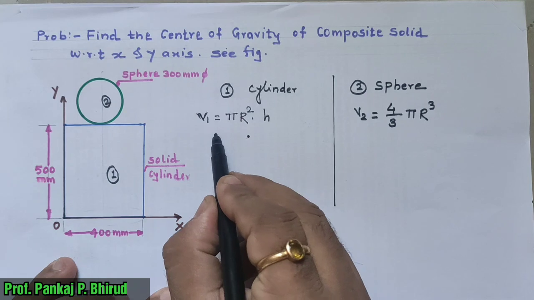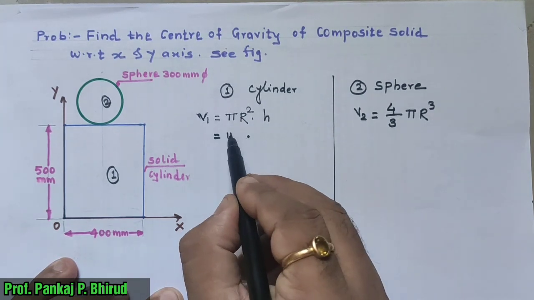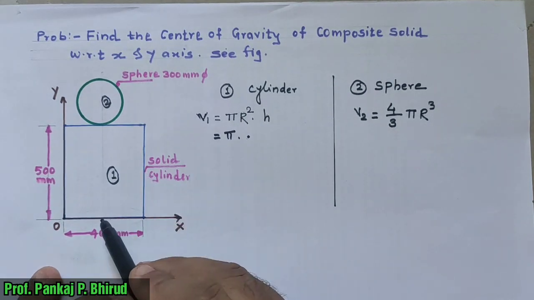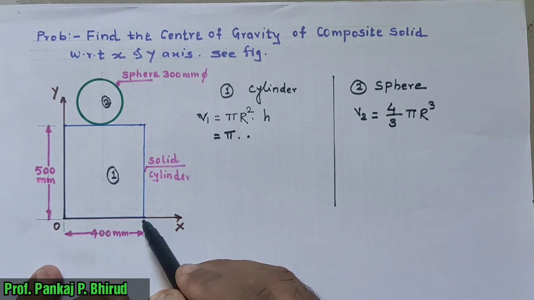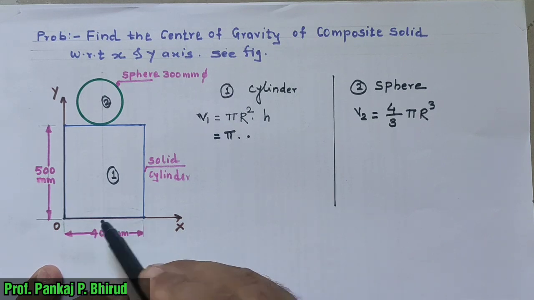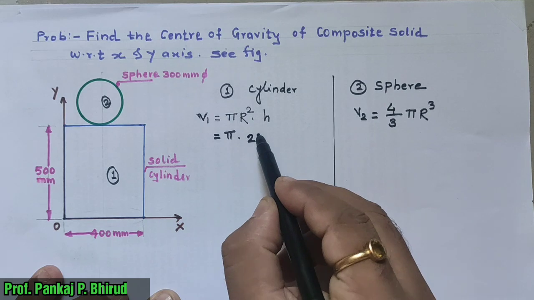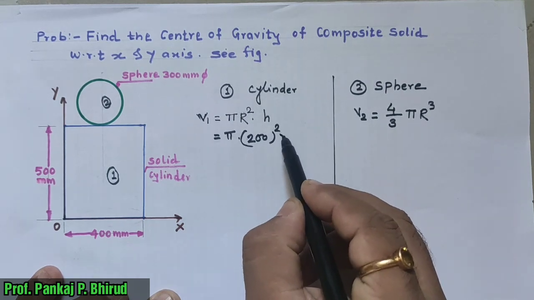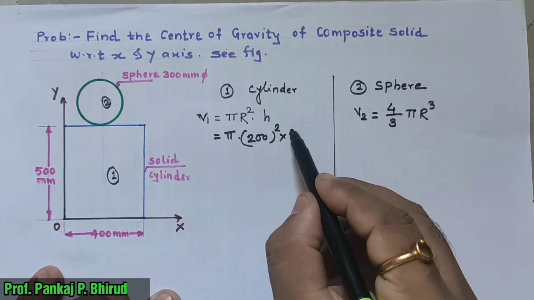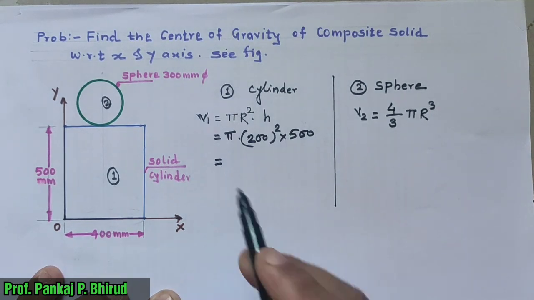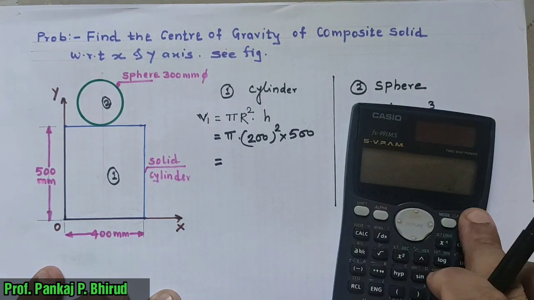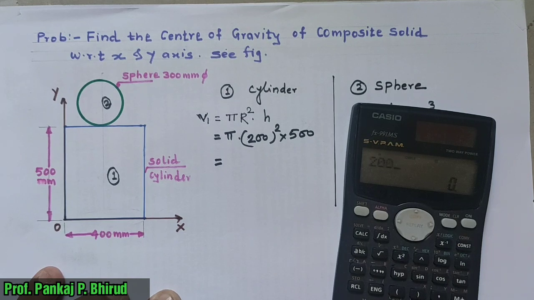Now put the values of r and h. So the diameter is 400, so the radius is 200 for the cylinder. So 200 square into height, which is 500, into pi.